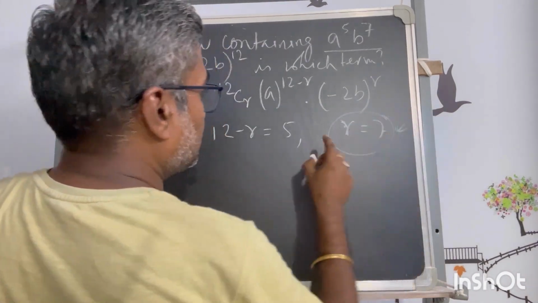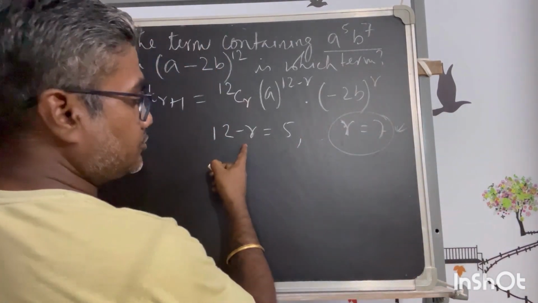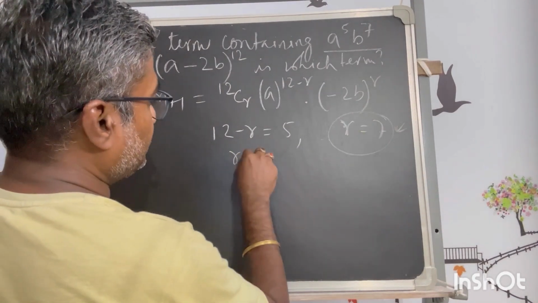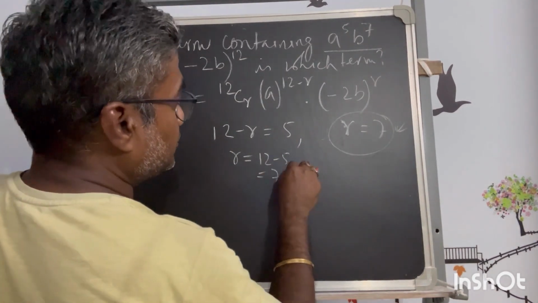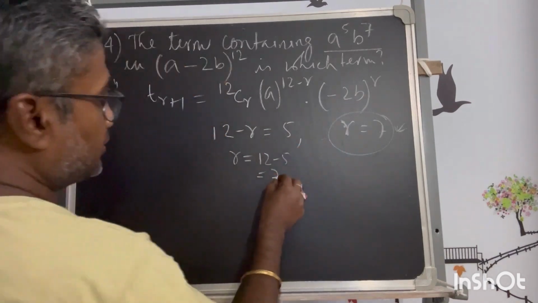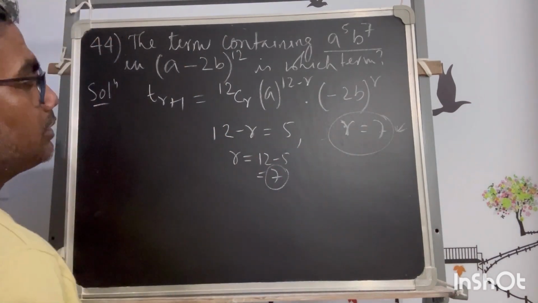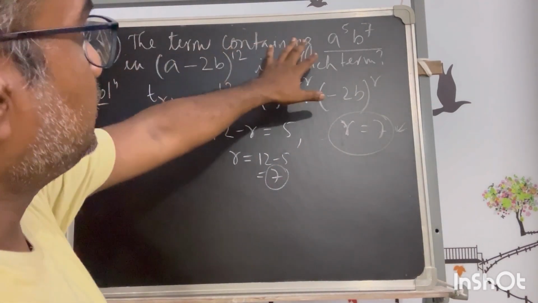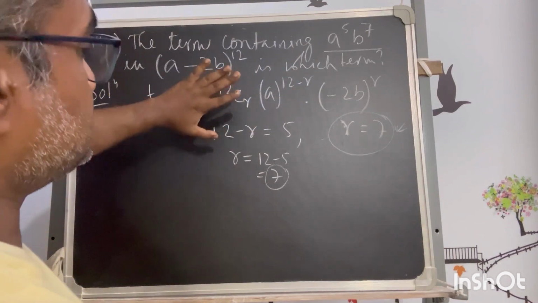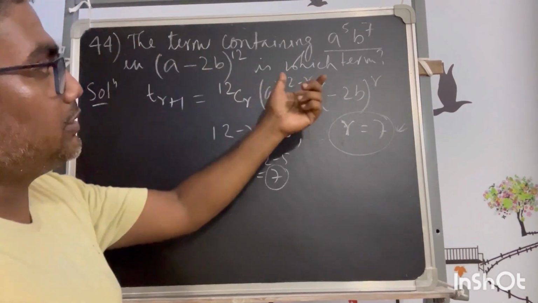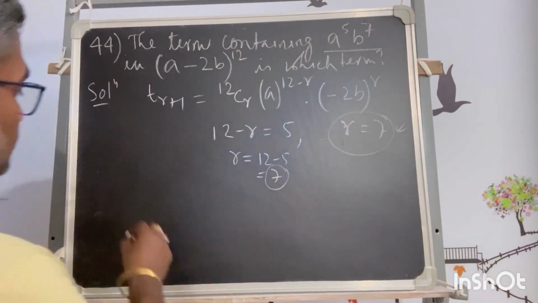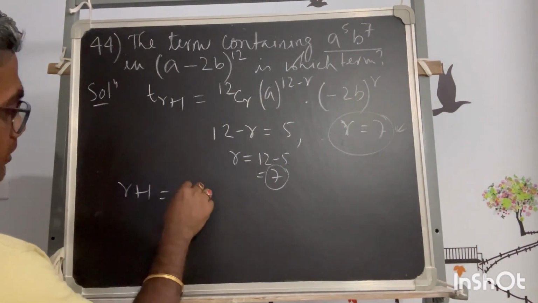If I calculate r from here, this also gives 7, so it is satisfied. If r is 7, only then I will get the term like this. There is not much to calculate, they only need the term. So the term is r plus 1, that is equal to 8.